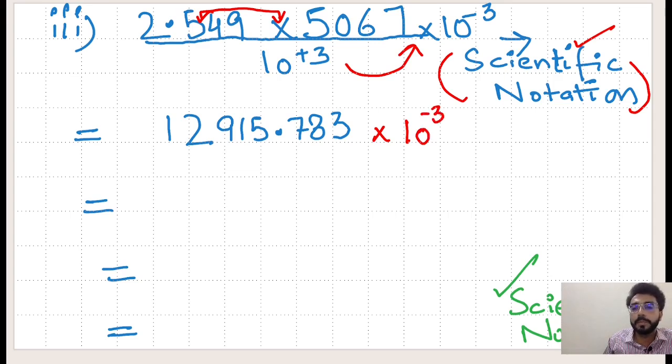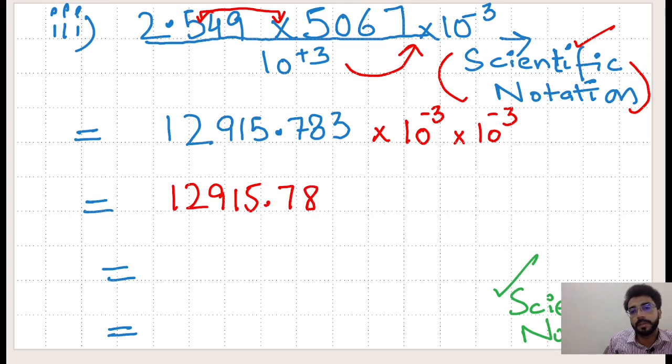Plus 3 will become negative 3. So the answer will be 12915.783 into 10 raised to power negative 3, negative 3. It will become negative 6.